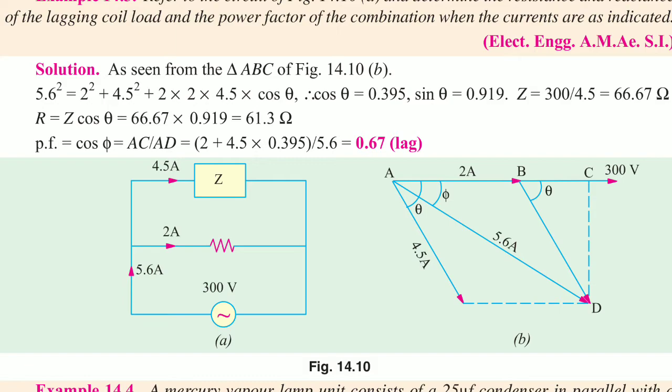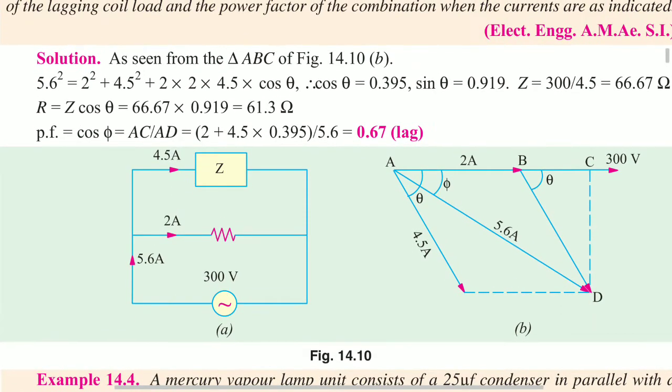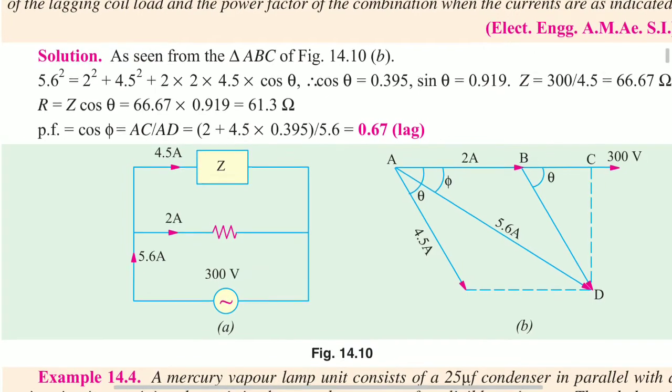It is very important. So cos phi is AC by AD, where BC is nothing but the active component of current.